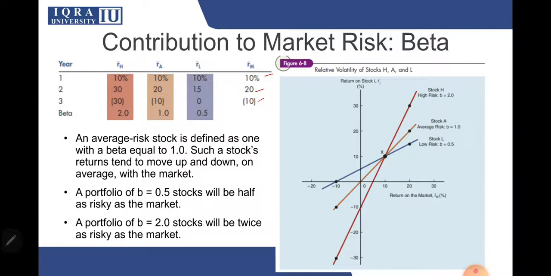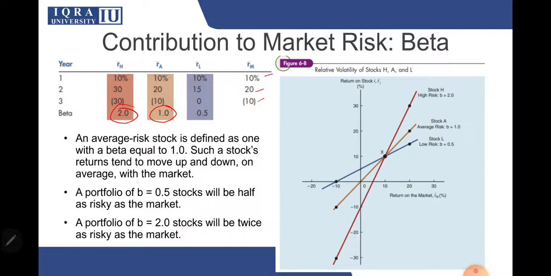H has a beta of 2. A beta of 2 means that it is more risky. Then RA has a beta of 1. A beta of 1 is basically the average risk stock, so it will move equal to the market.